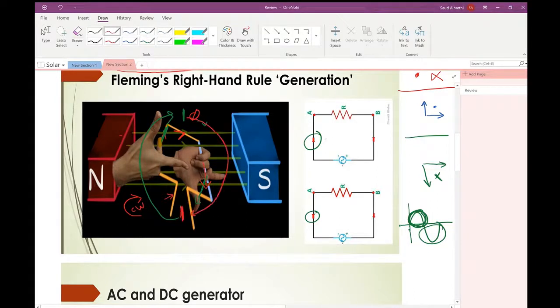At this vertical position I will get 0 here and 0 here. So the generation itself is AC by default.